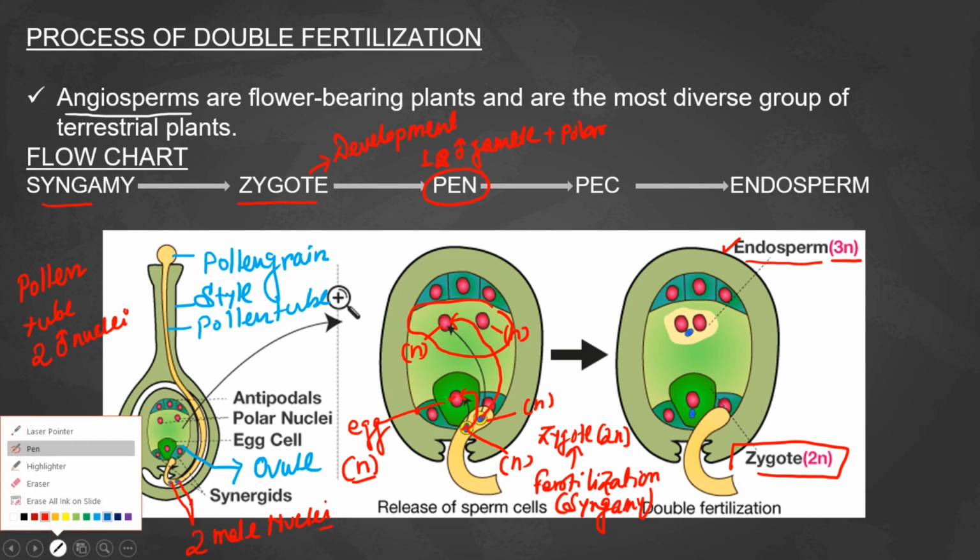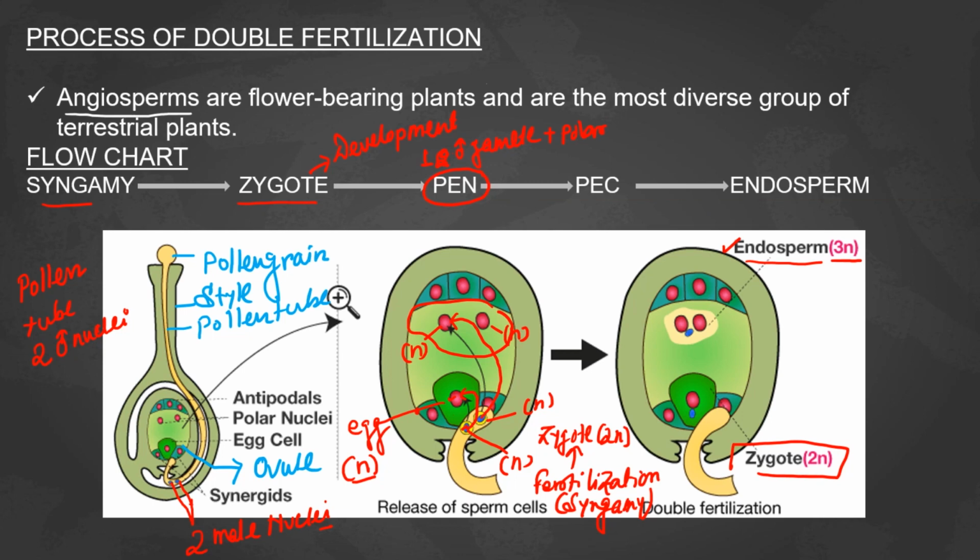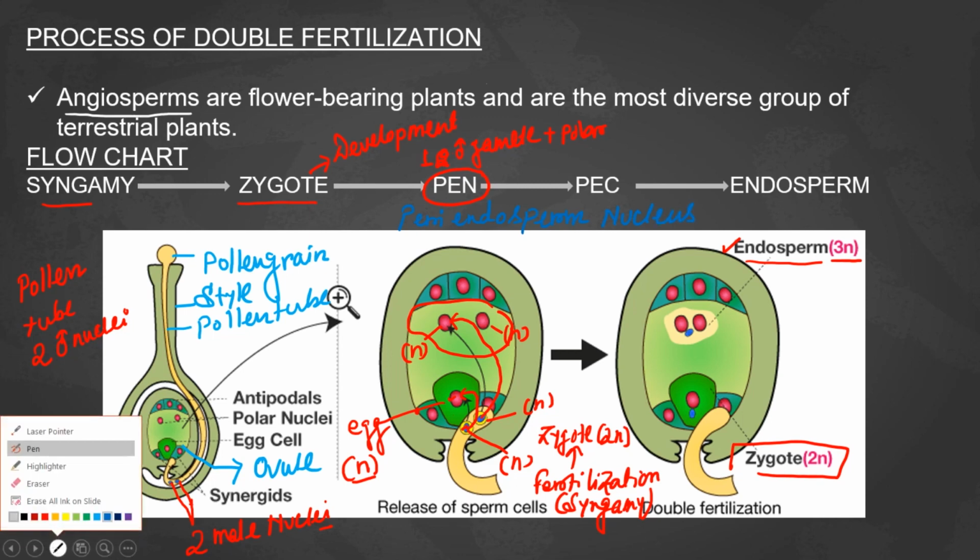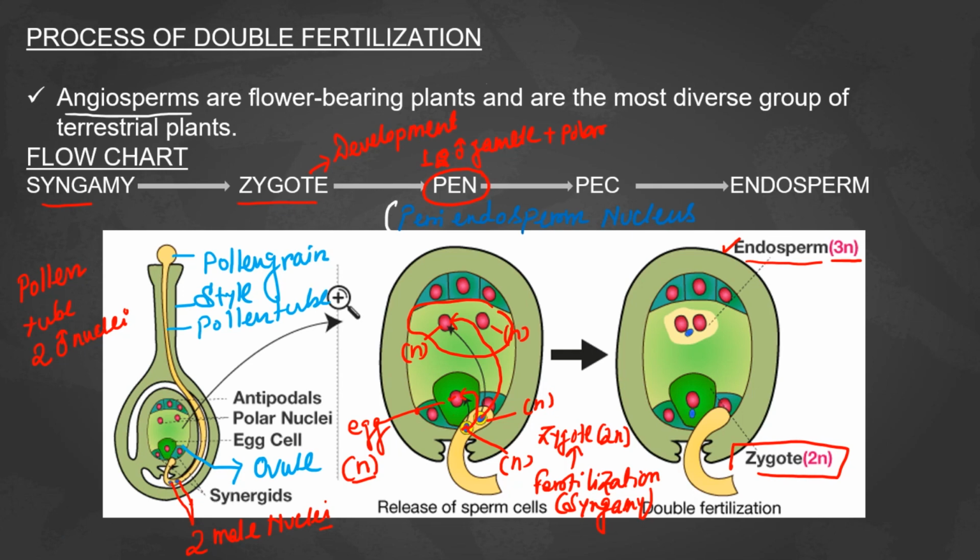The PEN is nothing but peri-endosperm nucleus. क्या हो रहा है यहाँ पे? What is the full form of PEN? The full form of PEN is peri-endosperm nucleus.